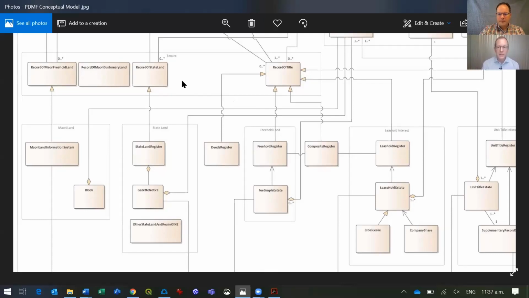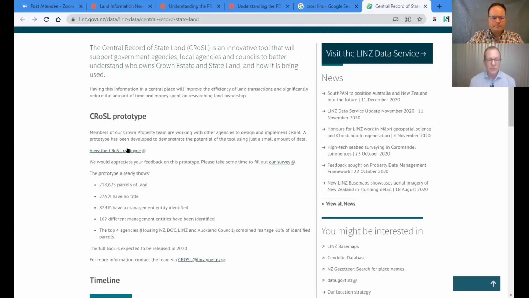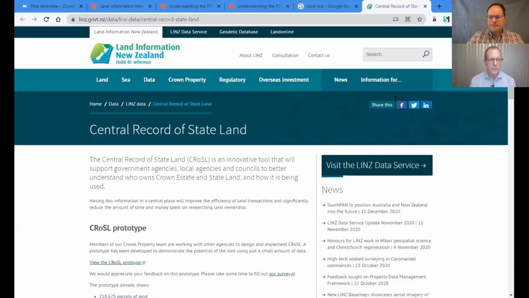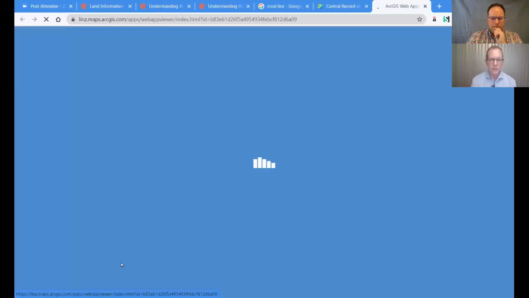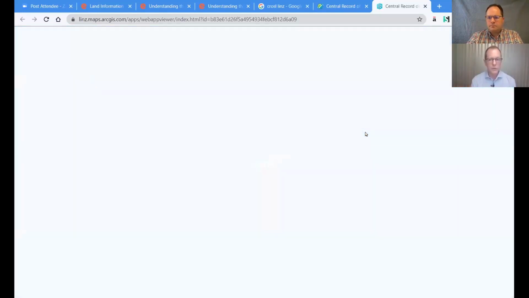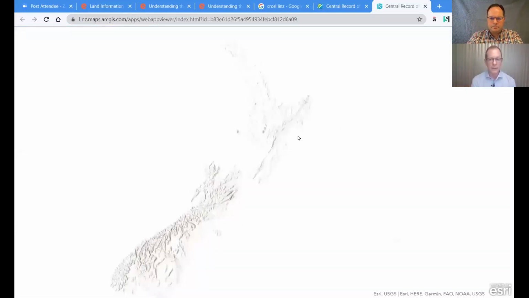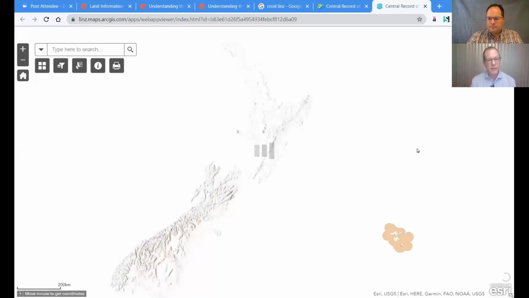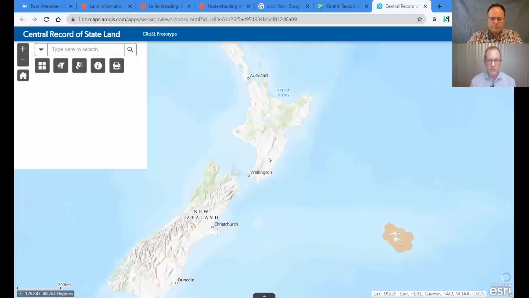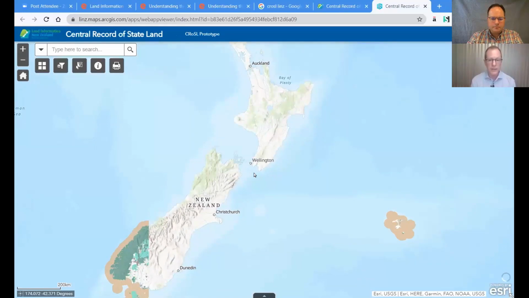Yeah, it is a good question and a known issue. The modelling we did in the PDMF suggested that we really need to be creating what we're calling a record of state land, which is essentially equivalent to a title, to hold the administrator and other rights, responsibilities, restrictions type information where it applies to state land.